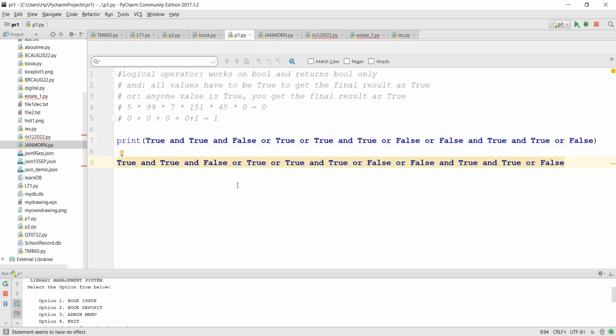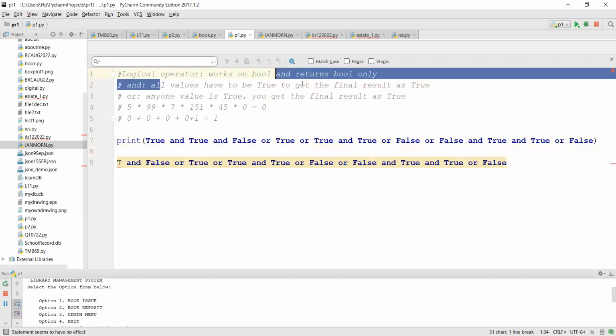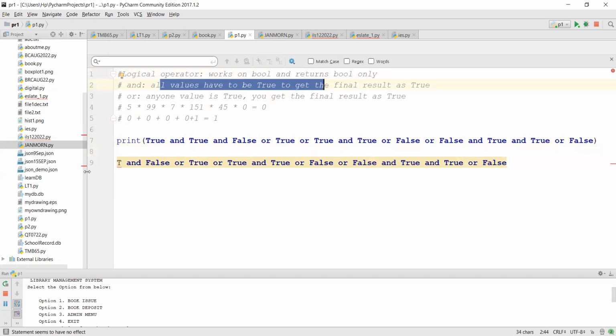We solve AND first because AND is like multiplication. So what is true and true? True. What did we say? All values have to be true to get true. Both were true, isn't it?